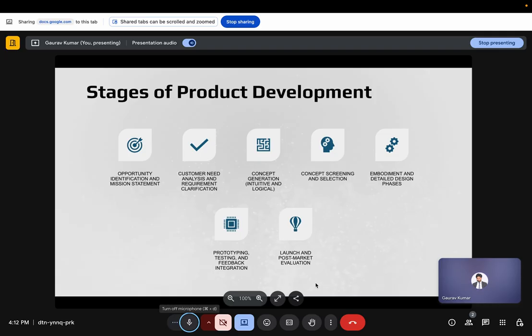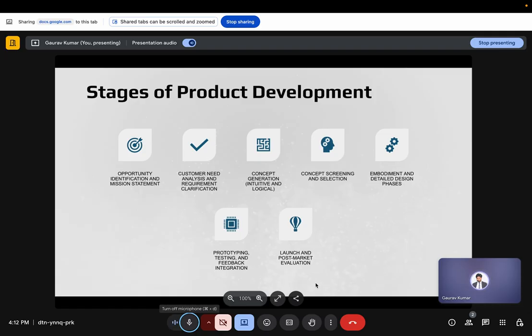Embodiment and detailed design convert the selected concepts into structures, materials, and tolerances, supported by modeling and prototyping. Testing closes the loop, feeding corrections into specifications and architecture.